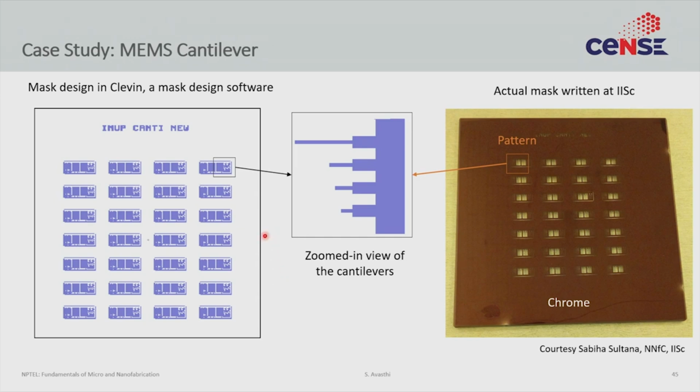So on some CAD software, you first design your features. What is our feature? Our feature is exactly this cantilever. If you zoom in on one of these fields, you'll actually see the cantilever, and then this mask is written onto a mask plate. Here, this is the chrome, these are the opaque parts, and then you see there are some transparent regions, and if you zoom into the transparent regions, you will actually see the pattern that you want to make.